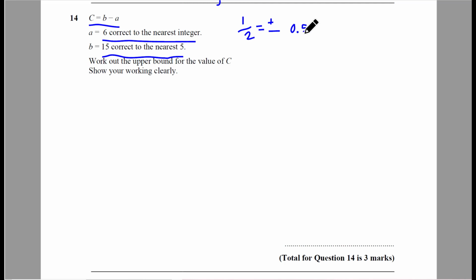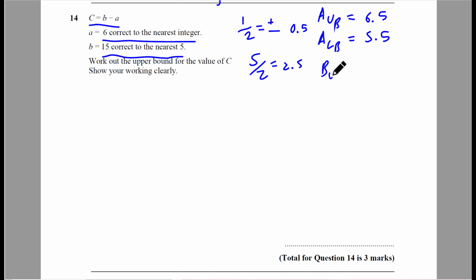Okay. So the upper bound of a means it's going to be 6.5. That's an upper bound. The lower bound of a is going to be 5.5. Now you should just do this to earn your method marks. b is to the nearest 5, so 5 divided by 2 is 2.5.